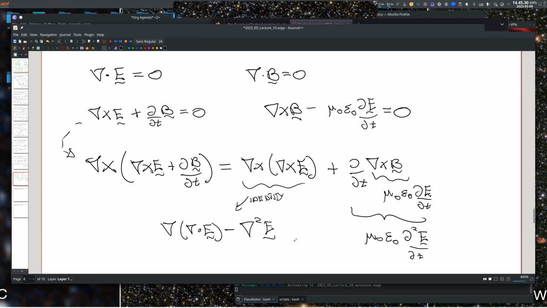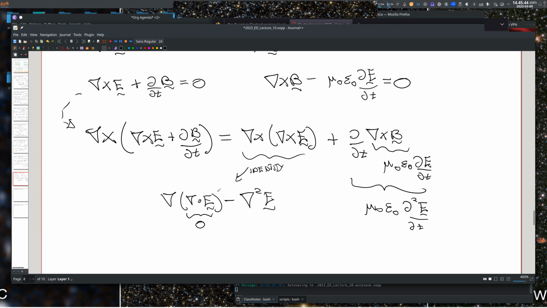Now, the point is that now we're in vacuum, and Gauss tells us that this divergence of E is equal to 0. There's nobody there. Question? Is that a second derivative from the bottom right? Okay. dt squared. Thank you. Yes. Very good. Okay. So this one is 0, and I'm only left with this Laplacian of E like this. So what I get is that the Laplacian of E is equal to the second derivative with respect to time.